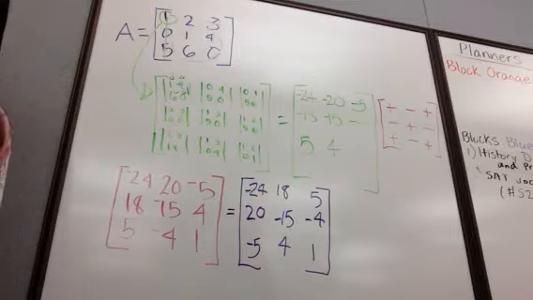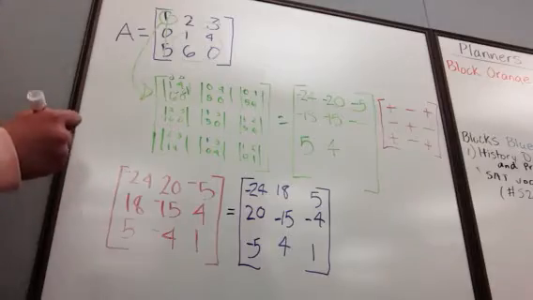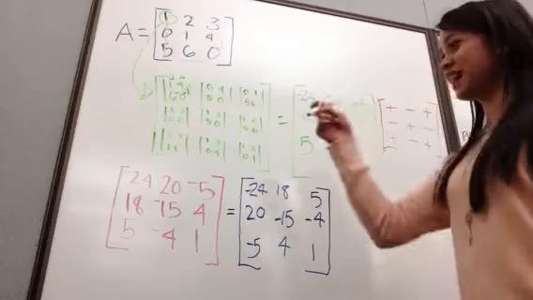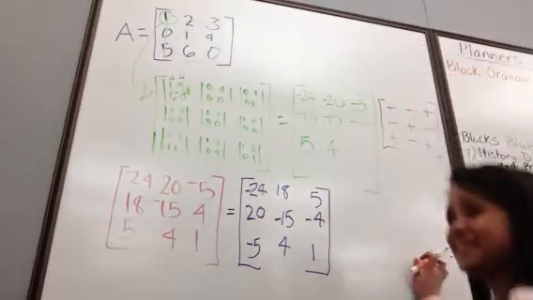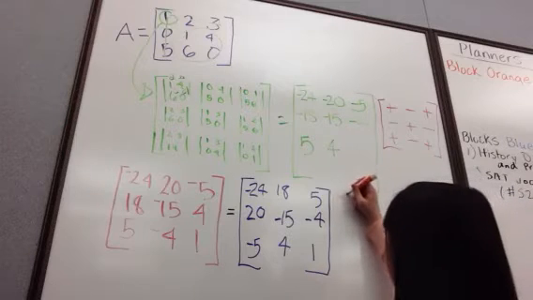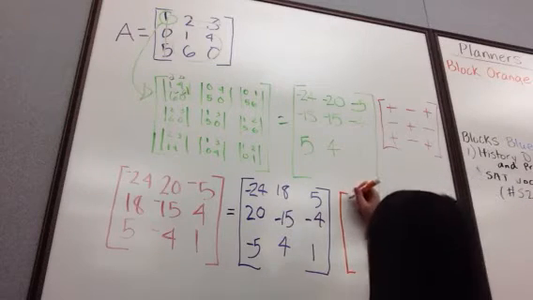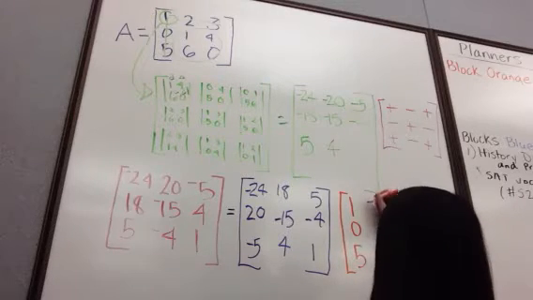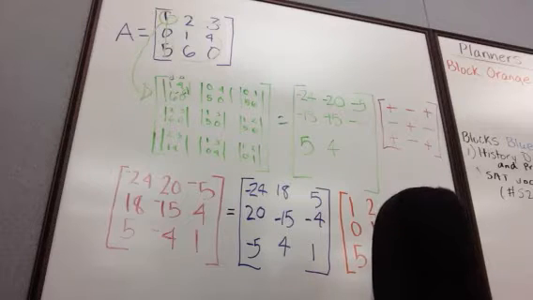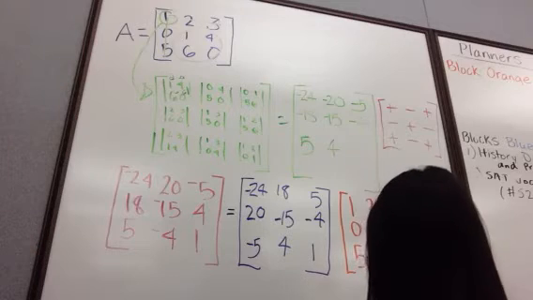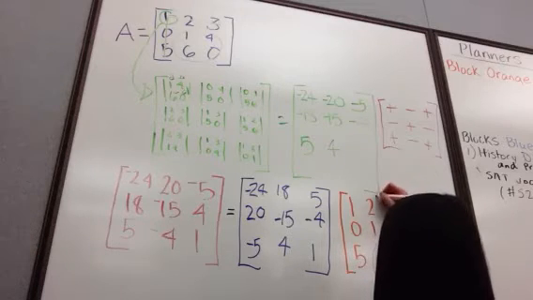Okay, so the next step will be doing the diagonals of A, which is the first two columns of A, times A to get the determinant.